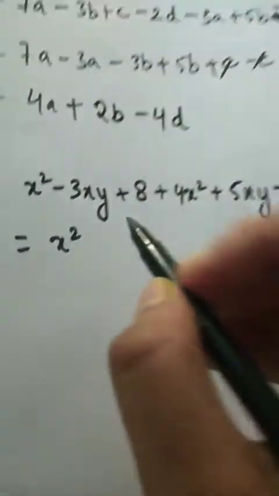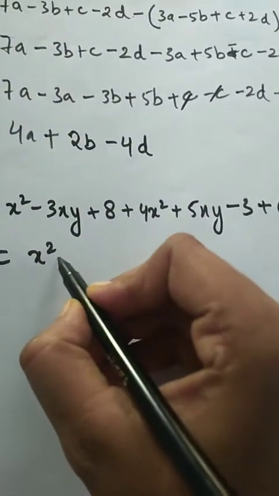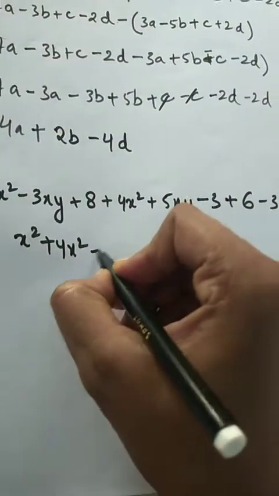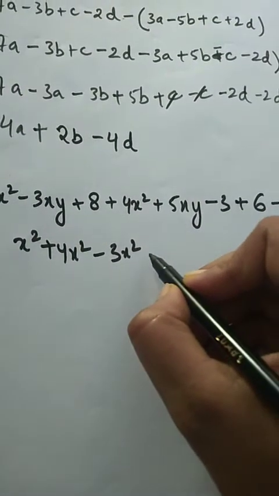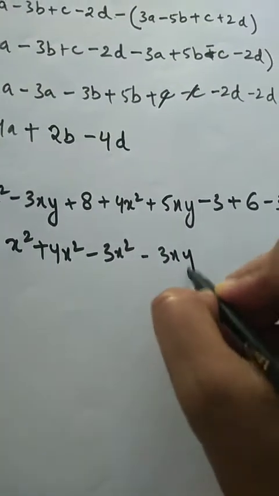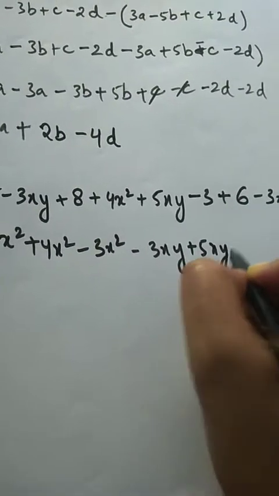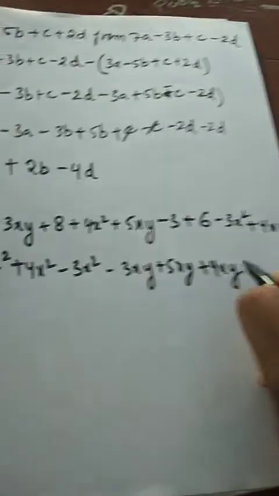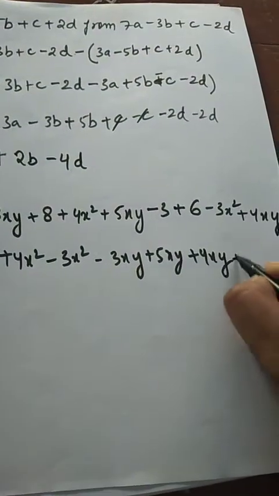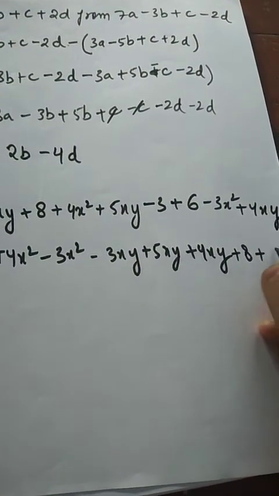x square will be written with x square, then xy will be written with xy, and constants will be written with constants.